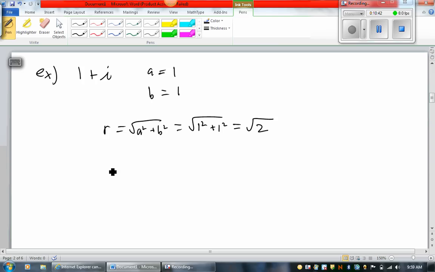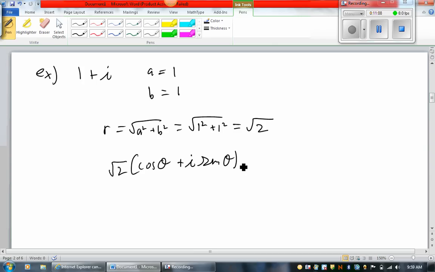Now if we go to our other formula, now that we have r, we can write this in terms of sine and cosine. We can say this is radical 2 times the cosine of some angle theta plus i times the sine of some angle theta.